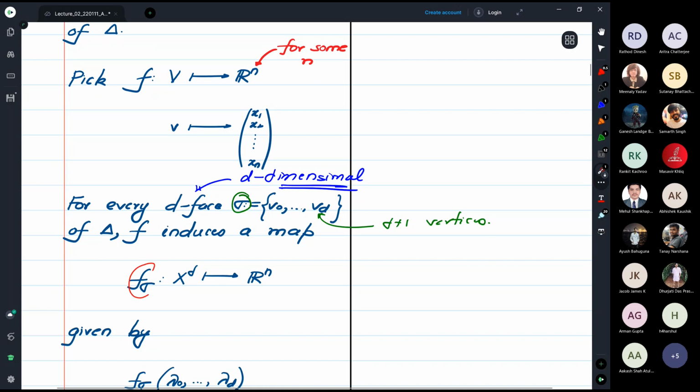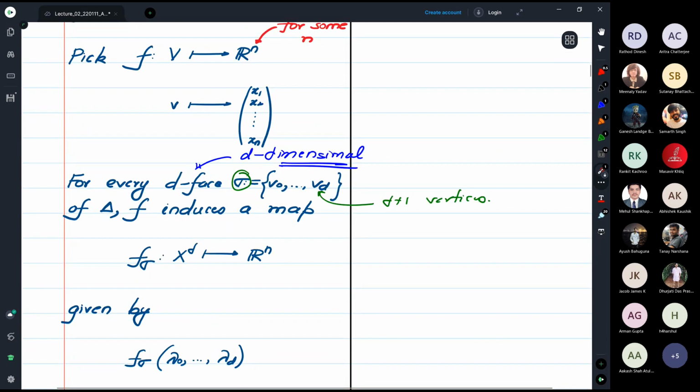So this f sigma is slightly different from this function f. The domain of this function was the vertex set, whereas the domain of this function is X^d. I will specify what X^d is. However, the codomain again is R^n, the same space you had over here.